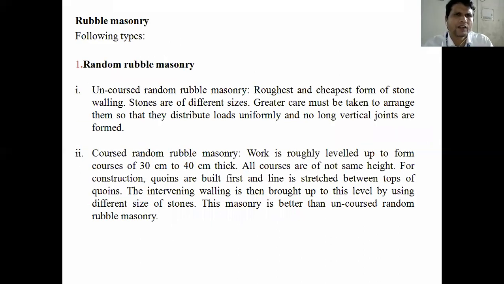Again, we can classify rubble masonry as uncoursed and coursed masonry. Uncoursed means no work is made on the stones; they are used as they are, as received from the quarry.